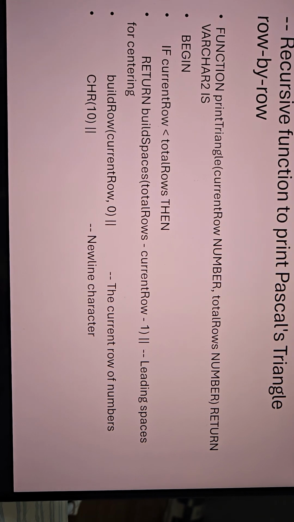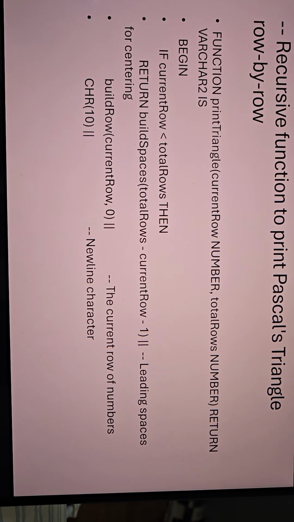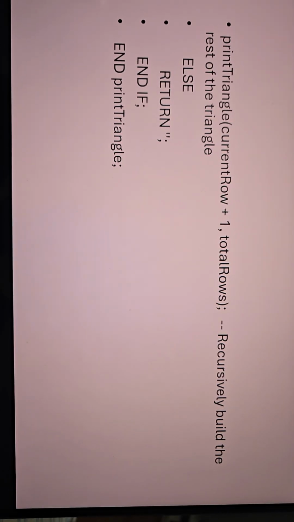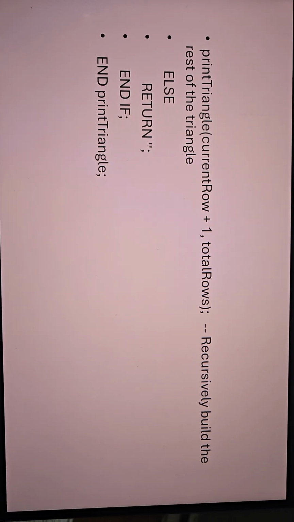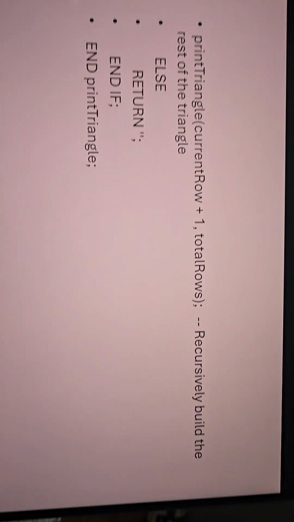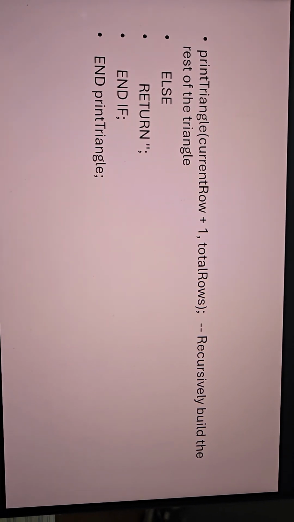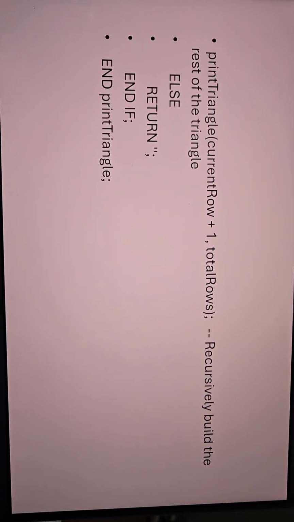Then build row, which builds out the current row, and then a new line character. And then it calls print triangle to print the next row for the rest of the triangle. The base case is the else, which returns without any output.